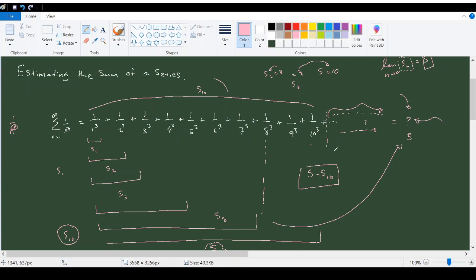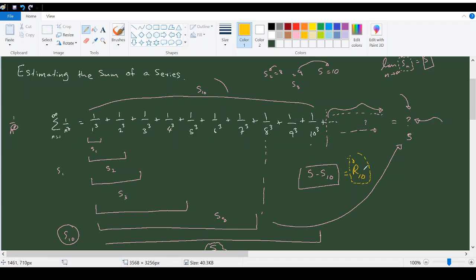We have a special notation for this difference, and we represent it by R. R stands for the remainder. These are the remaining terms. So here we focus our attention on this number.